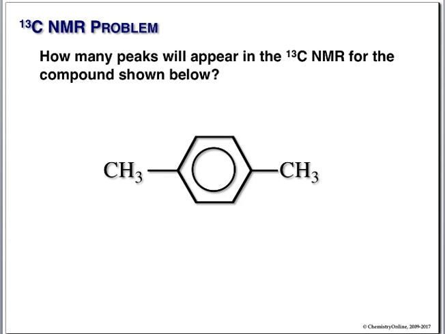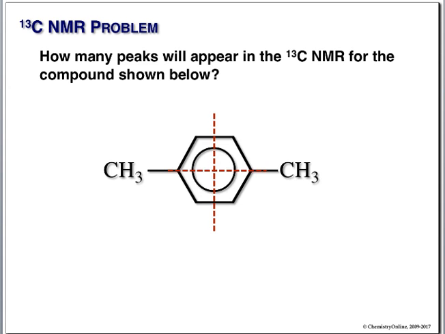Because we have methyl groups on each end, this is a symmetrical 1,4 disubstituted benzene, isn't it? That means we have a plane of symmetry this way. This half is the same as that half. And we also have a plane of symmetry this way. Top is the same as the bottom.